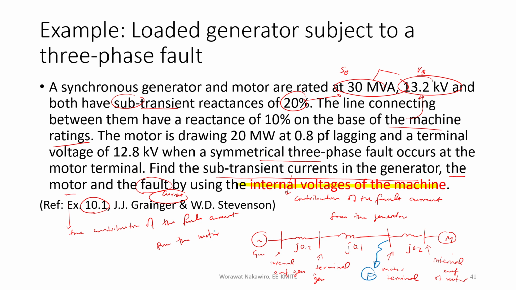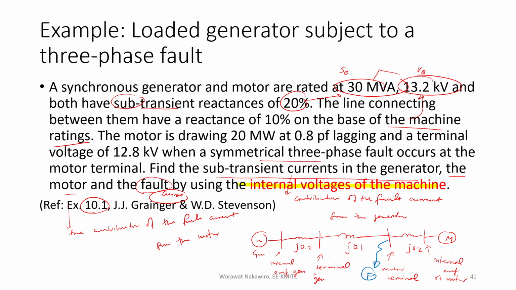So the problem number three asks you what is the short circuit or the fault current flowing from this bus to the ground, right? Since we have the generator and the motor, the fault current itself is the contribution made by the generator and the contribution from the motor, right?